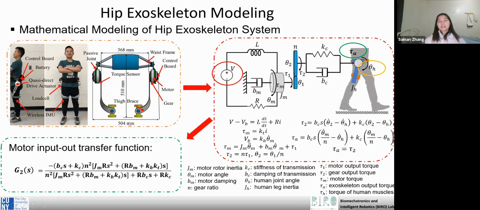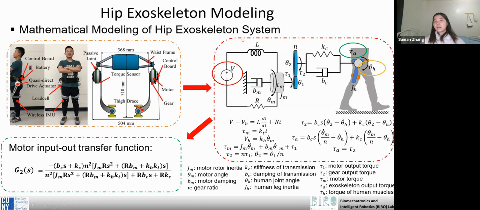For the hip exoskeleton, it is similar steps. Now we already have a hip exoskeleton. For this exoskeleton, there are two actuators. And here, we only need to model one actuator. So we model the left one, the right one is the same thing.